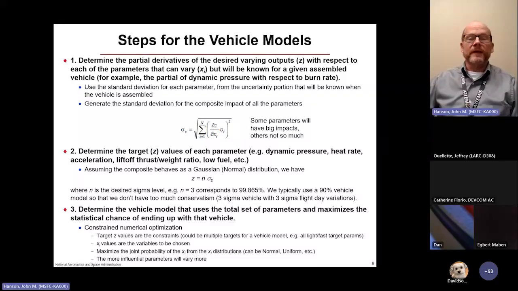So the first thing would be, if I have certain outputs labeled Z here, so that's things like how much payload can I deliver to orbit, or what is my maximum dynamic pressure?